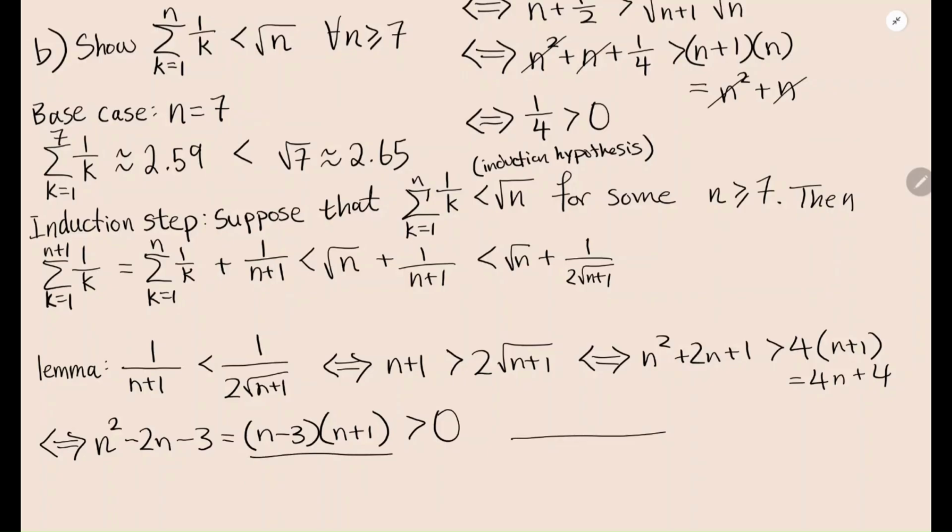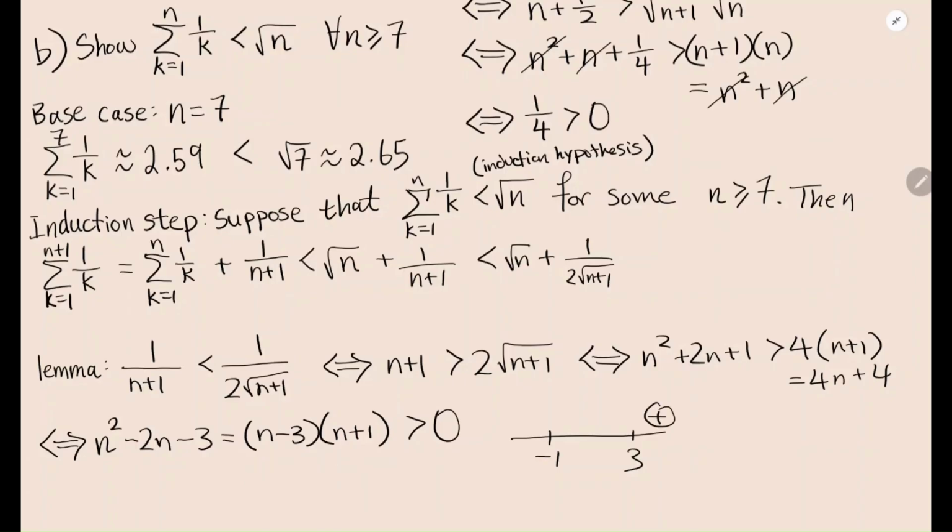So we see right here that the roots to this are minus 1 and positive 3. Now because n is a natural number, I don't really care about the minus 1 part, but I do care about what happens when n is greater than or equal to 7. If we plug in some values, we see that anything greater than 3, if I plug it in here, is going to be positive.